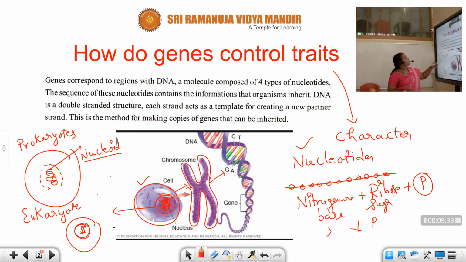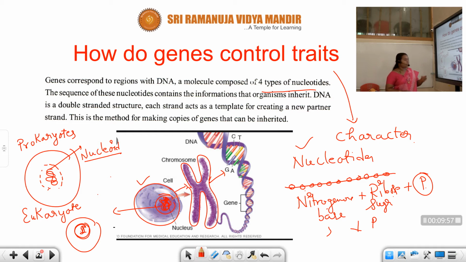Let us see this. Here, genes correspond to a region of the DNA, a molecule composed of four nucleotides. The four nucleotides, as I just explained, are adenine, guanine, thymine and cytosine. The sequence of these nucleotides contains information about what the organism inherits.